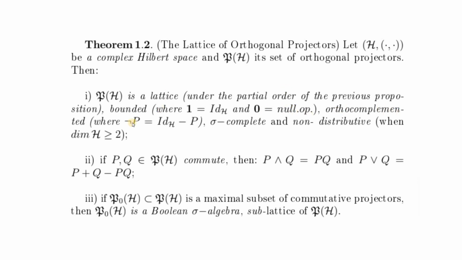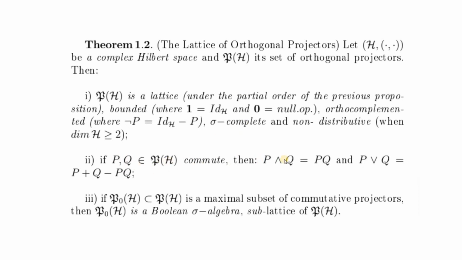Ortho complements are given by this, it is sigma complete, and when the dimension of the Hilbert space is equal to or greater than 2, it is a non-distributive lattice. So it is definitely not a lattice coming from a sigma algebra on a classical set in the usual way as we defined it before.